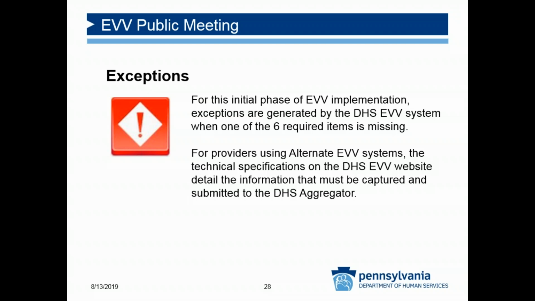And again, those 6 items are the date of service, the location of the service that's provided, the individual providing the service, the individual receiving the service, and the time the service begins and ends. We also wanted to call out once again that for providers using alternate EVV systems, the technical specifications and the DHS addendum on the DHS EVV website detail the information that must be captured and submitted to the DHS aggregator.